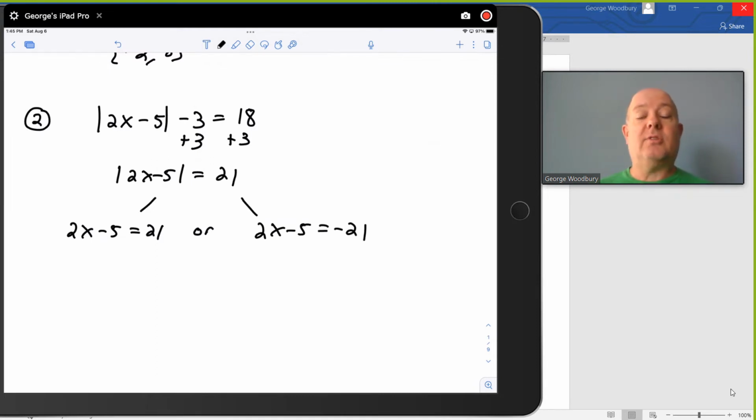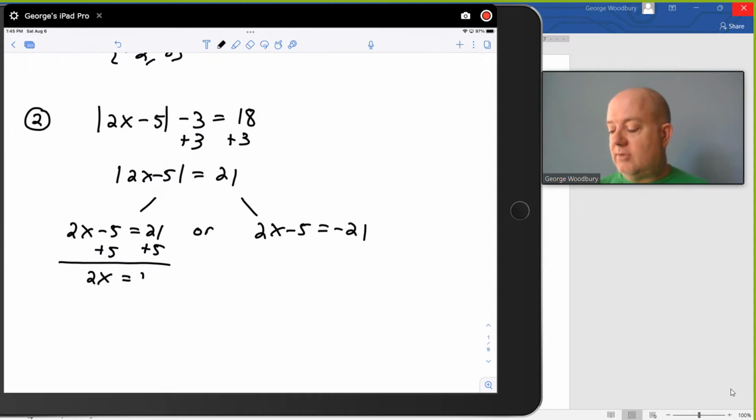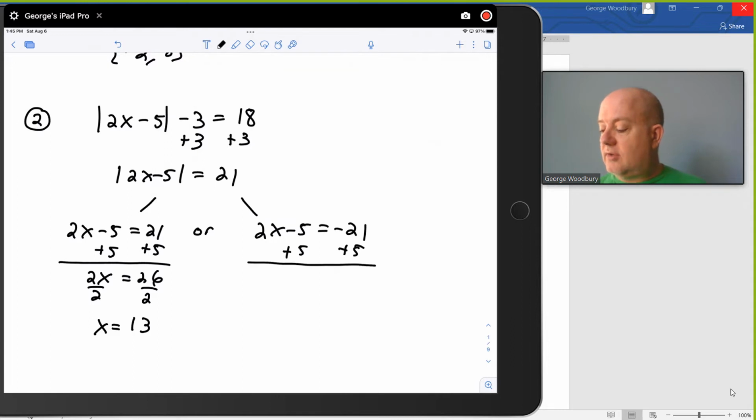Both of these we're going to start by adding 5 to both sides, and then we'll finish by dividing both sides by 2. So the first one, when we add 5, we get 2x equals 26, and when we divide by 2, we get x equals 13. For the other equation, when we add 5, we get 2x equals negative 16.